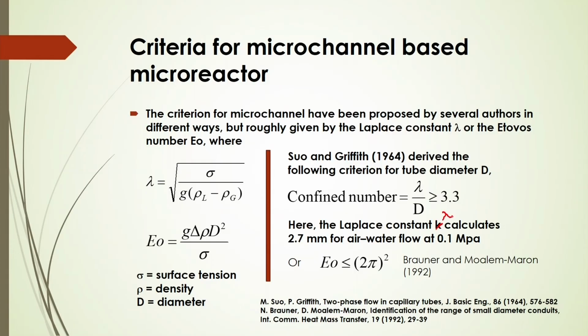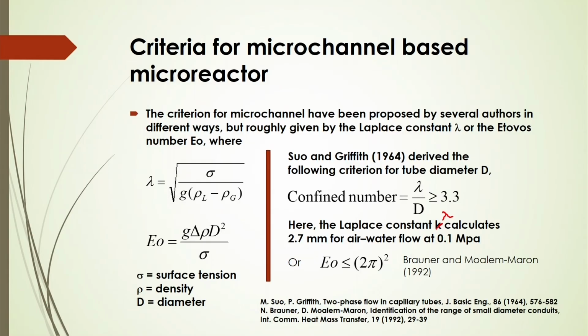So lambda is called the Laplace constant, and if lambda by d is greater than or equal to 3.3, then you have to consider that lambda is equal to 2.7 for air water flow at 0.1 megapascal.